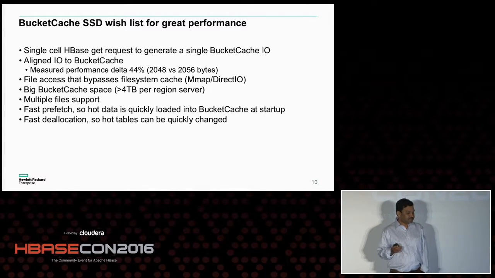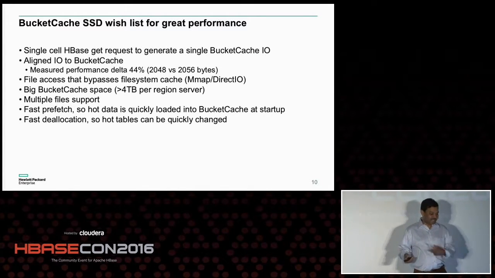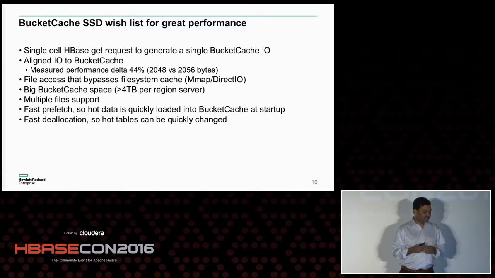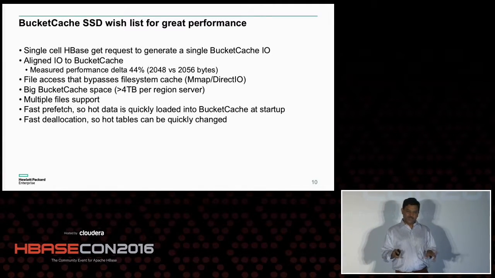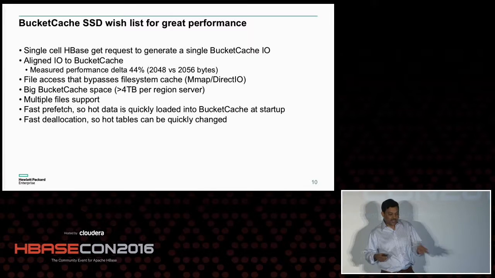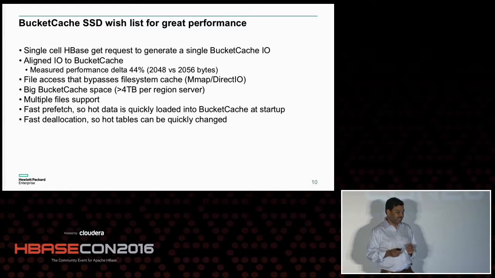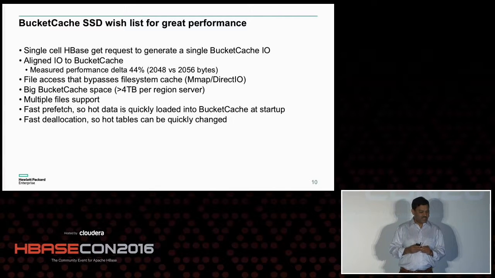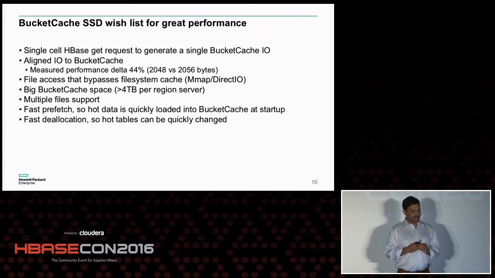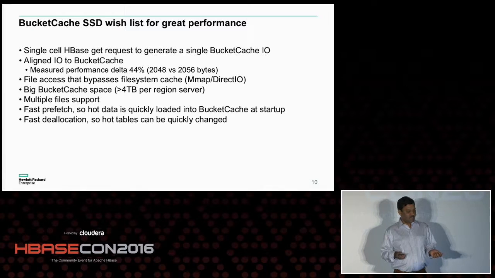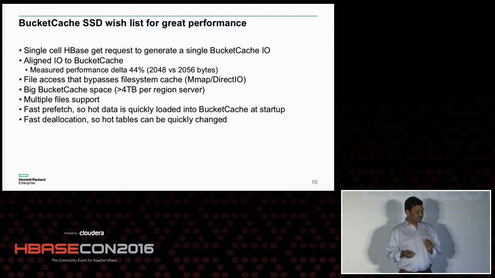As Michael mentioned, bucket cache does provide an entry gateway into the big machine resources, and we would like to go as big as possible. We are asking for something like 4 terabytes per region server, using SSDs. And we would like to have multiple file support for backing the SSD cache.